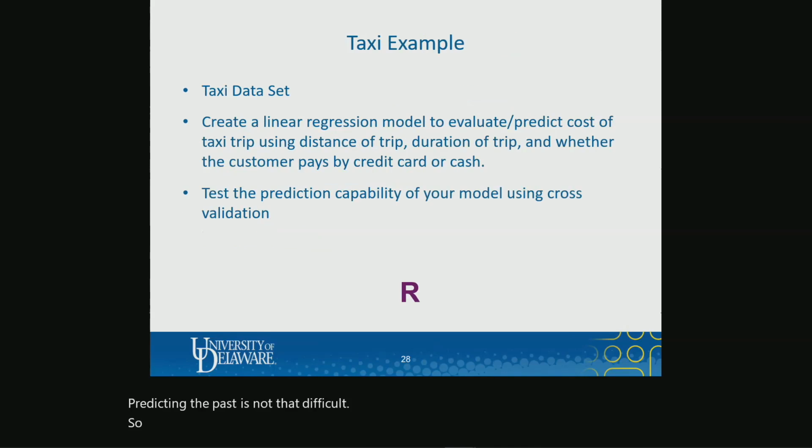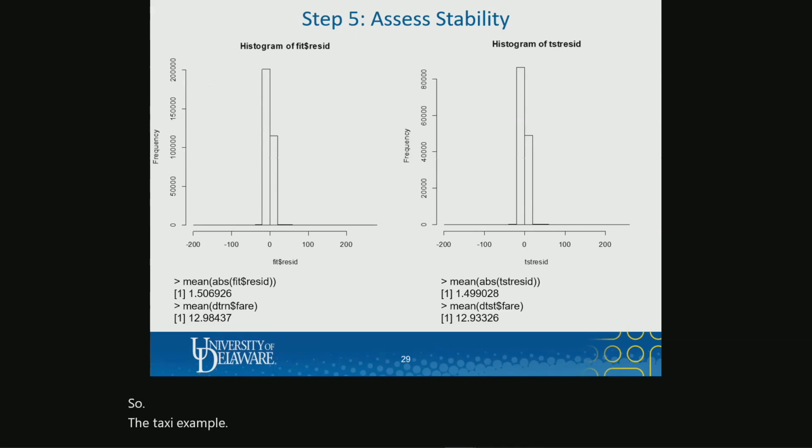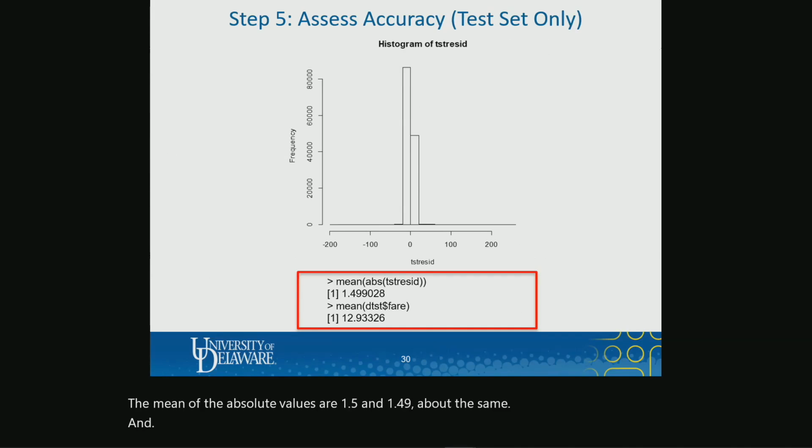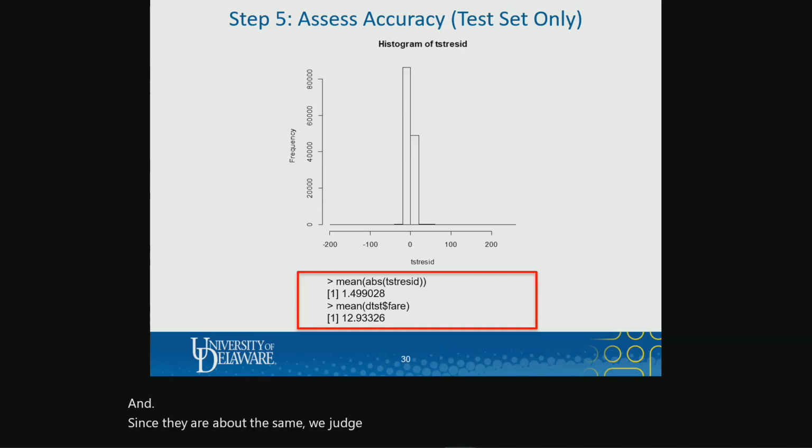So the taxi example is like this. As you can see, the histograms are similar. The mean of the absolute values are 1.5 and 1.49, about the same. And since they're about the same, we judge the model as stable and consistent.